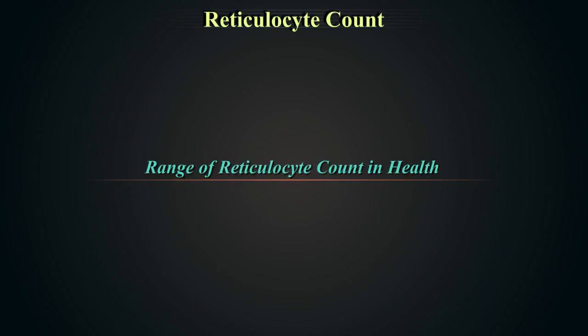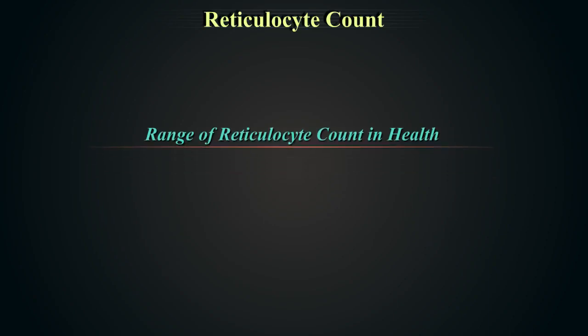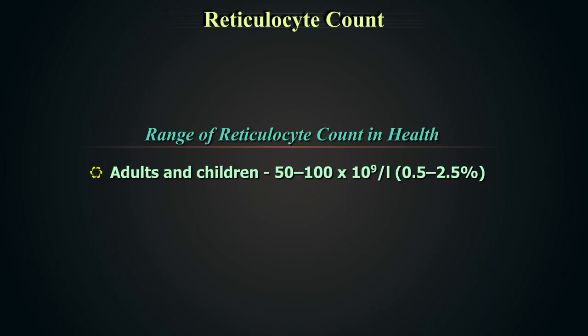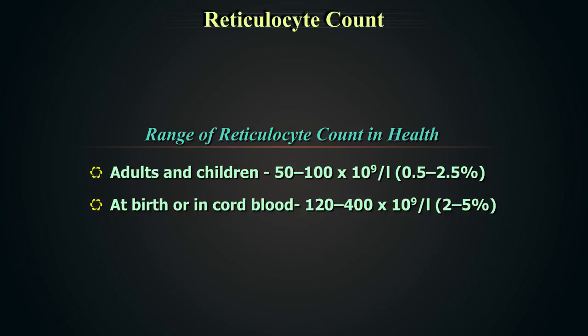The range of reticulocyte counts in health in adults and children is 50,000 to 1 lakh per liter, that is 0.5 to 2.5 percent. At birth or in cord blood, it is 1,20,000 to 4 lakhs per liter, approximately 2 to 5%.